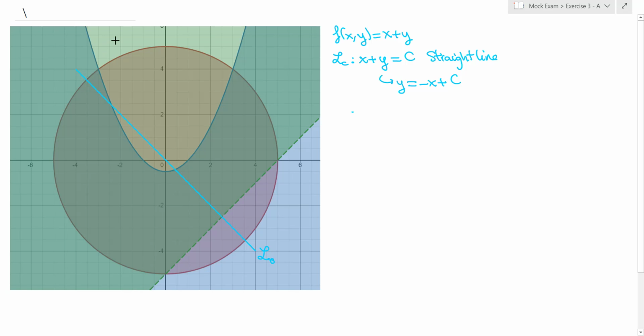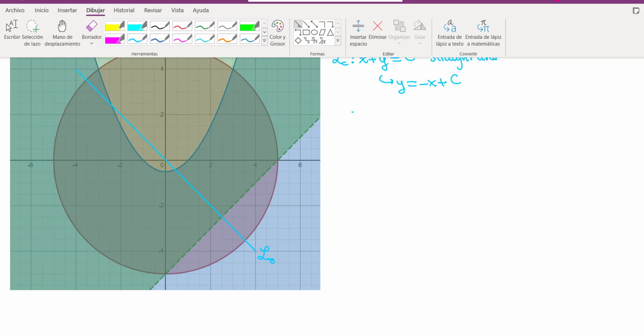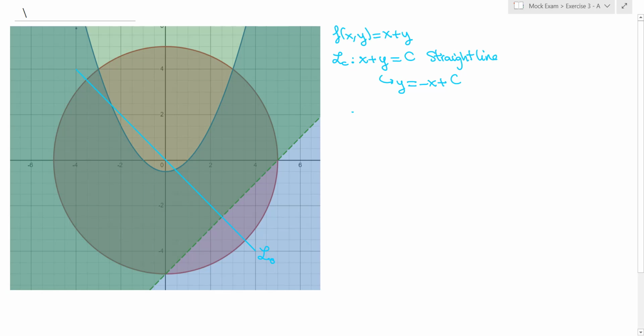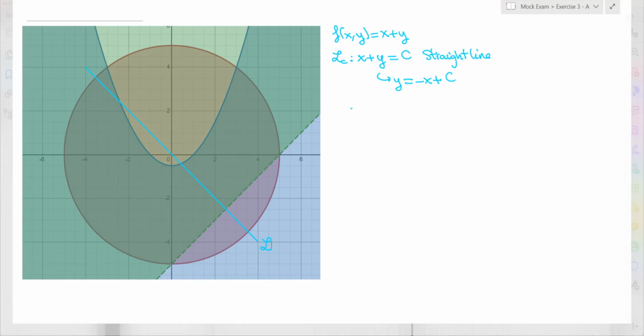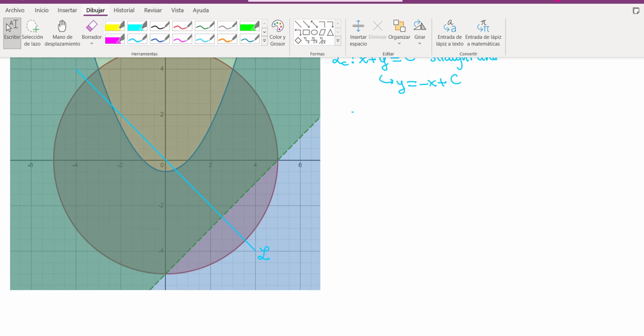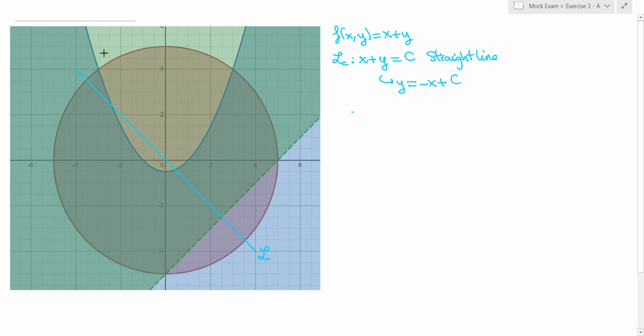Okay, we are doing something bad. Let's see if we are able to fix it. Okay, the one that goes this way, this is the level curve of value 2, and we can follow.